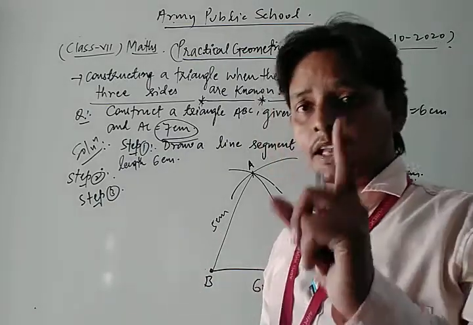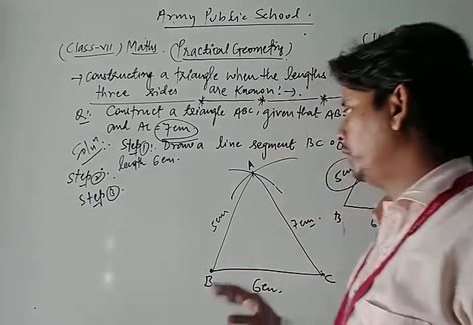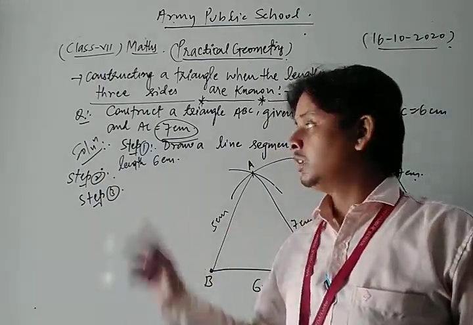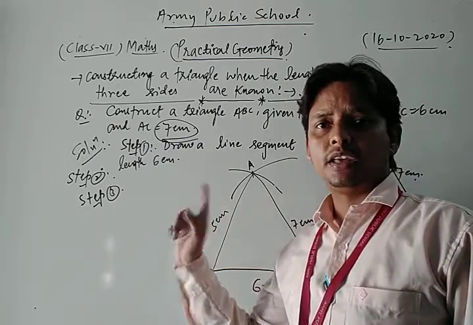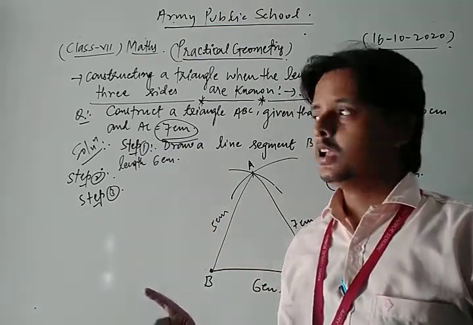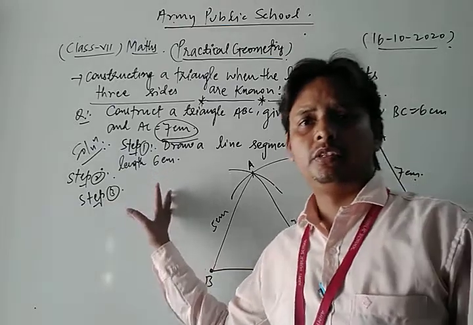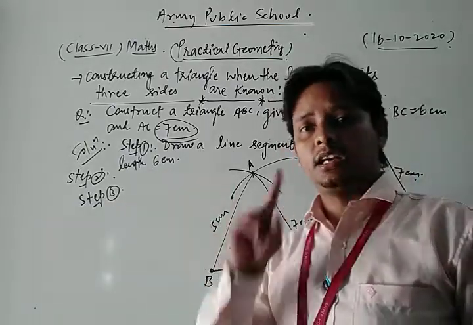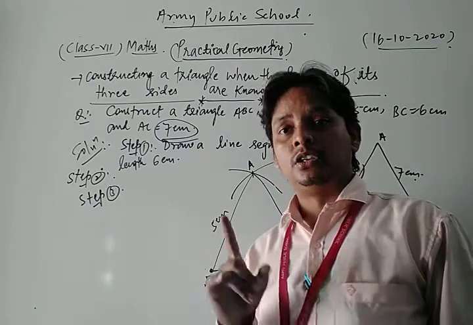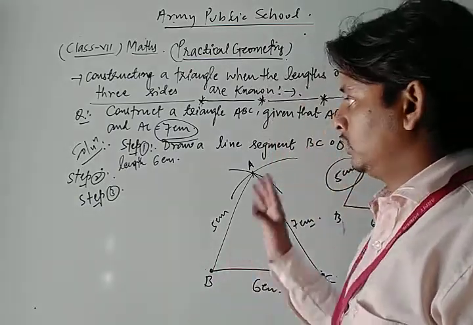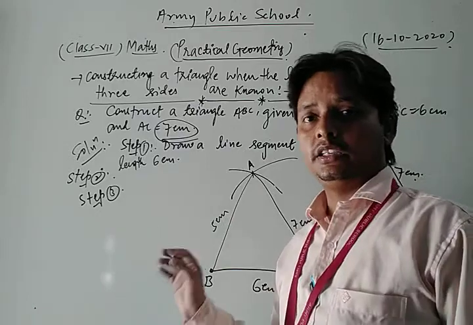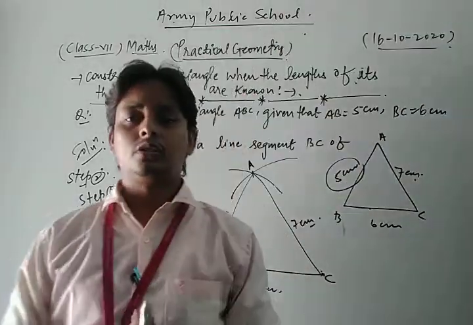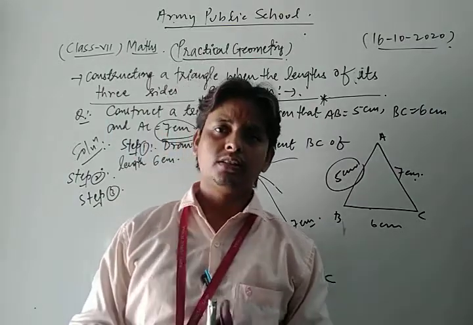Dear students, one important thing is that when you are doing the construction of this type of question, you must write your steps of construction. Without writing the steps of construction, your construction is incomplete. So please mention the steps of construction in each and every question of this chapter.